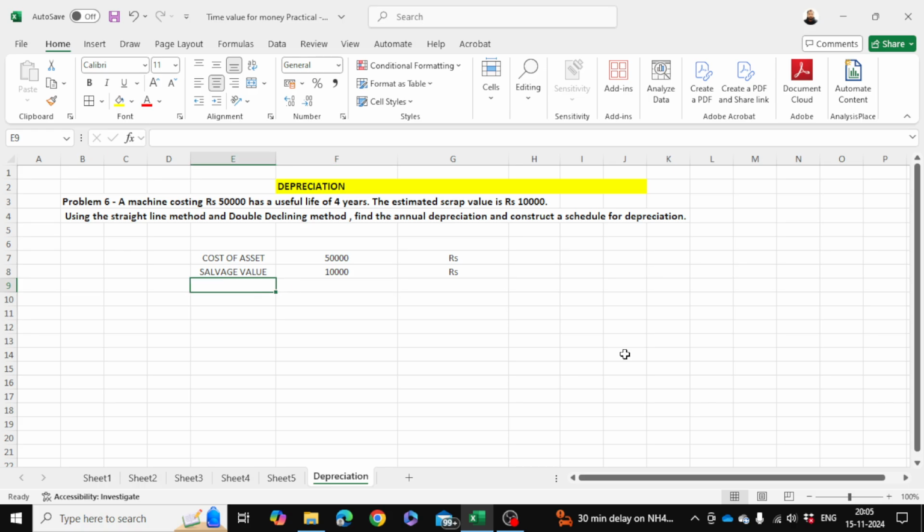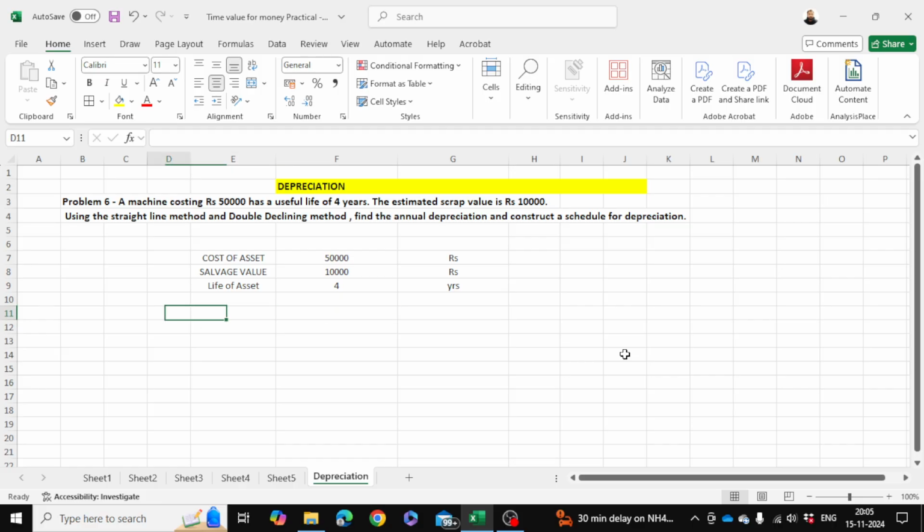Then you have to mention the life of asset, that is 4 years.